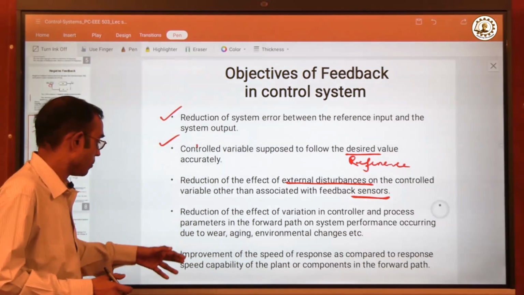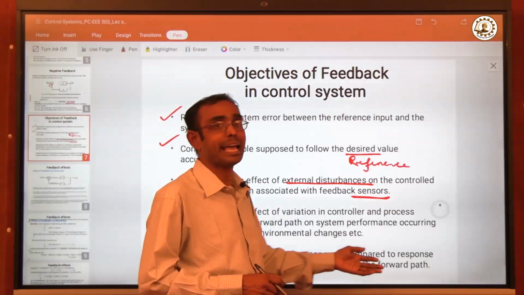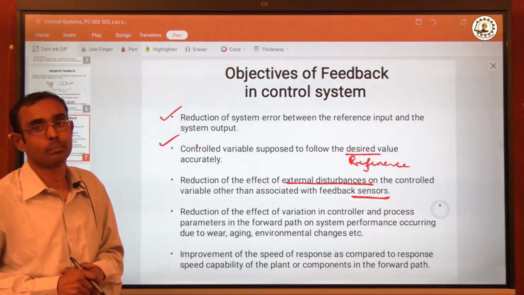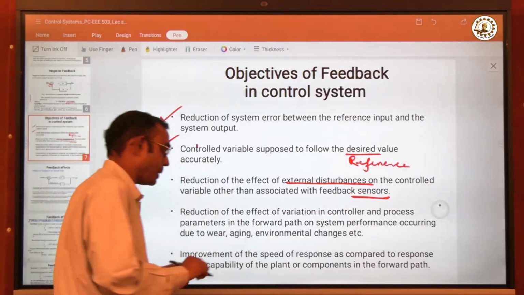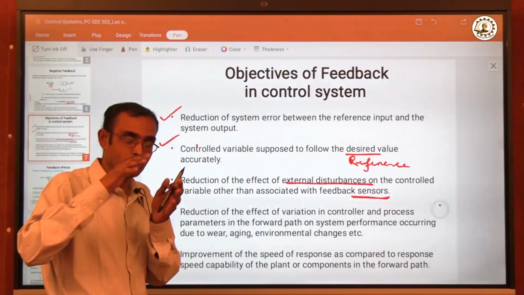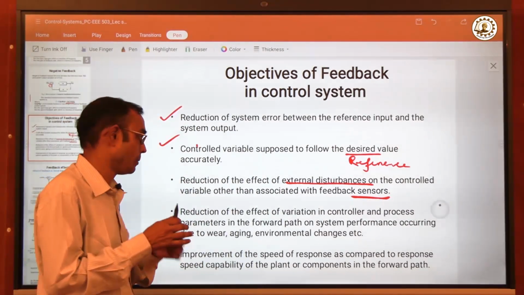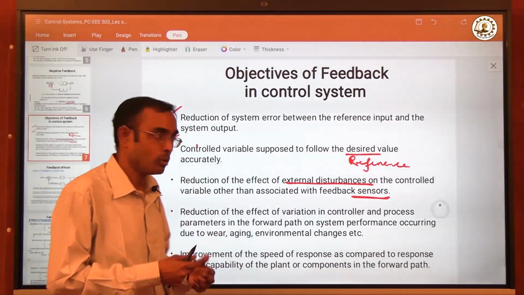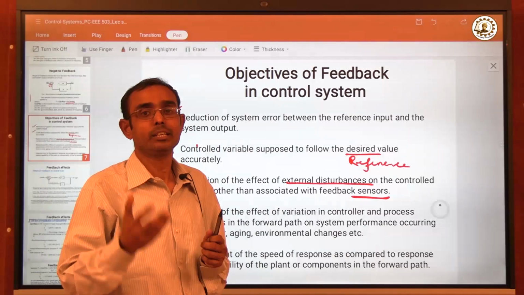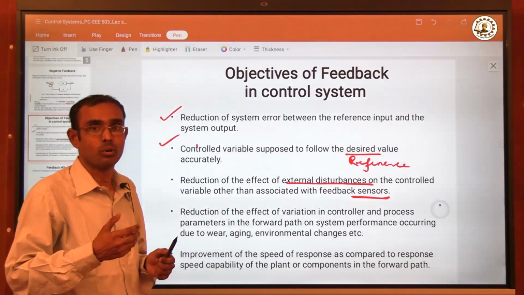And the final, last but not the least, is improvement of the speed of response as compared to the response speed capability of the plant or components in the forward path. The plant or process, whose variables are under control, has some inherent capability of responding.